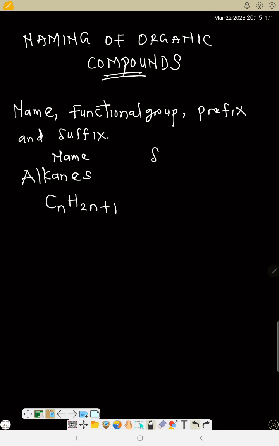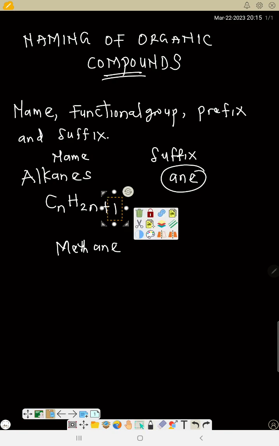So the suffix is ane. So remember, I said meth is for one carbon. So this suffix, you end it with it. So that is methane. So now, the general formula is CnH2n plus 2.